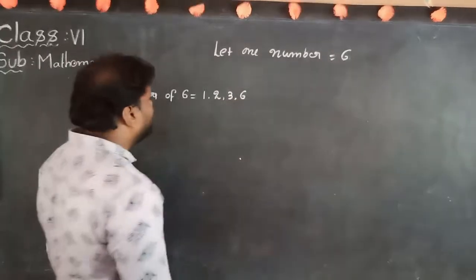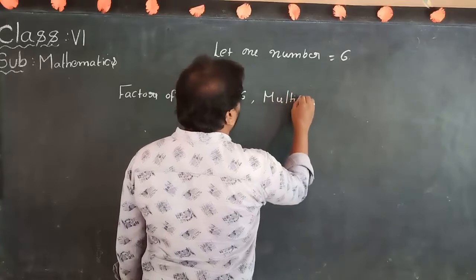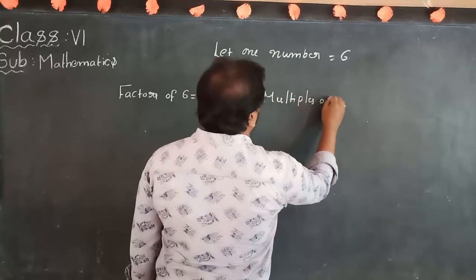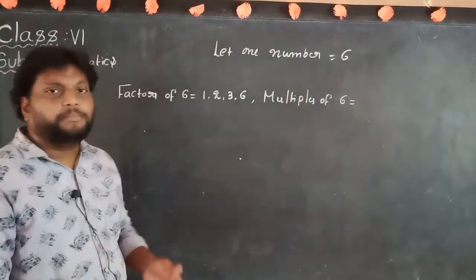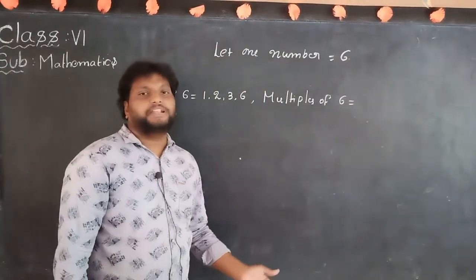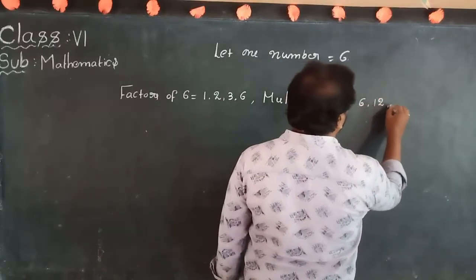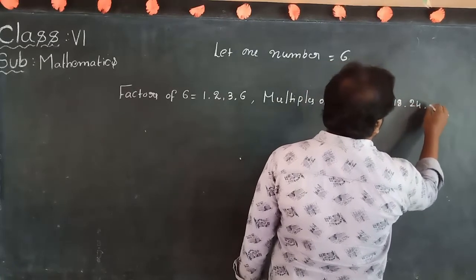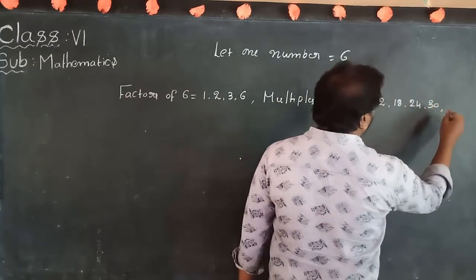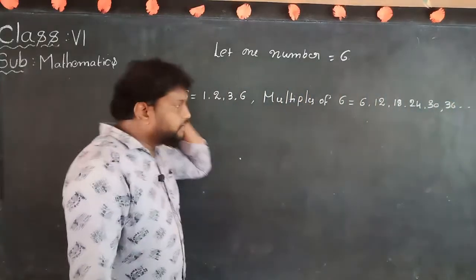Now multiples of 6. What are the multiples of 6? It is nothing but the table of 6: 6, 12, 18, 24, 30, 36 and so on.